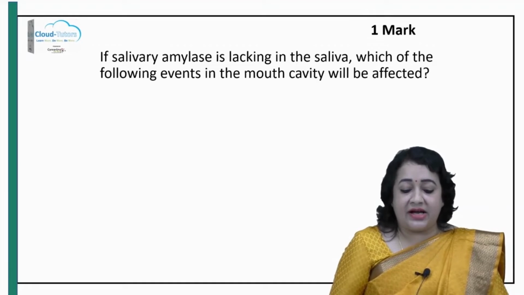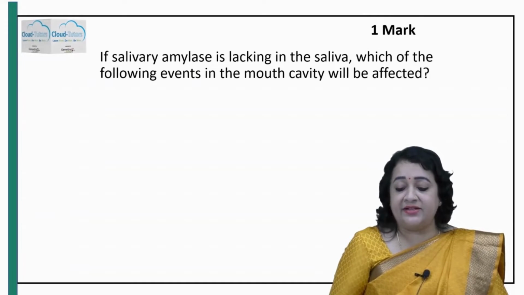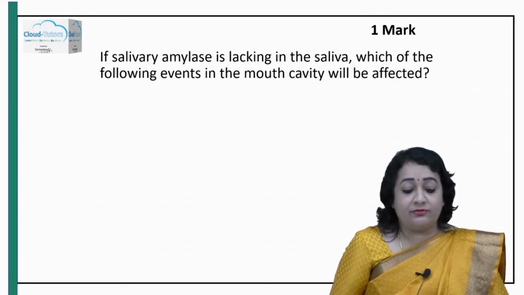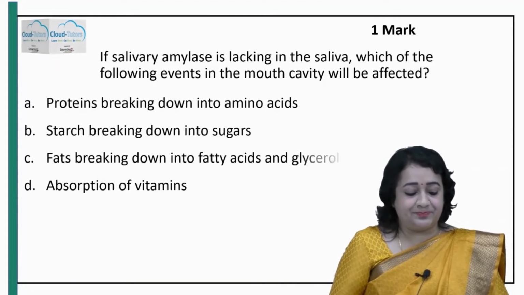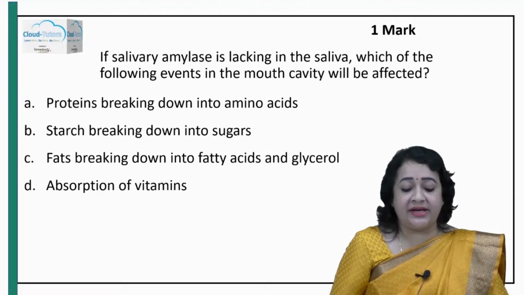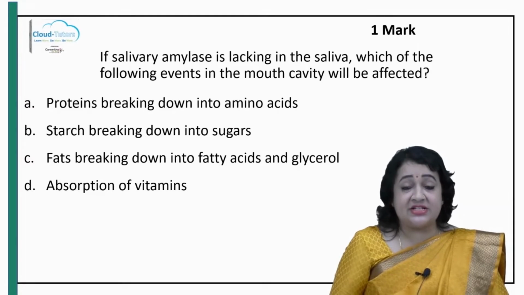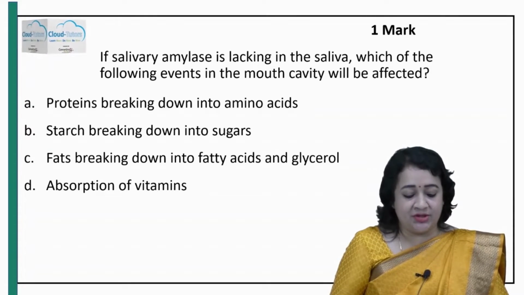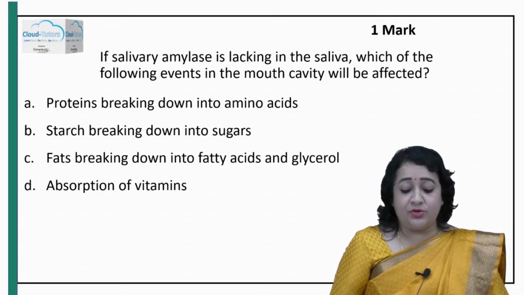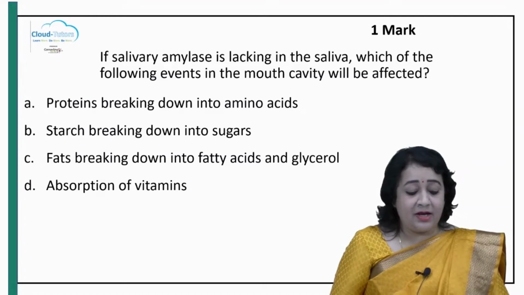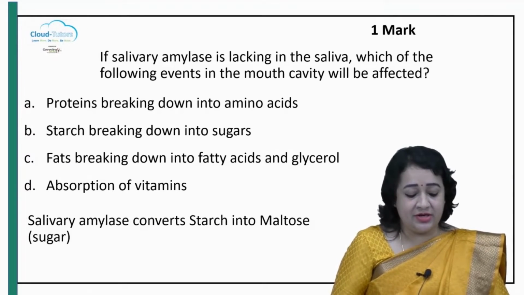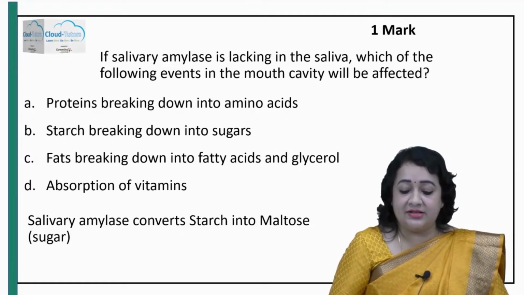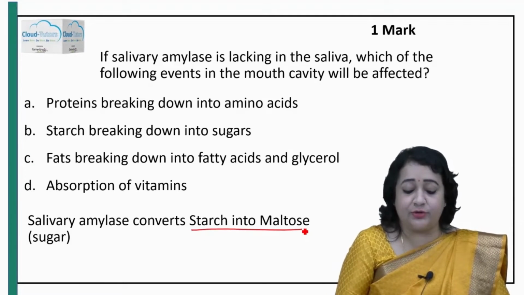If salivary amylase is lacking in the saliva, which of the following events in the mouth cavity will be affected? Protein breaking down into amino acid, starch breaking down into sugar, fat breaking down into fatty acid and glycerol, absorption of vitamins. So the answer here is converting starch into maltose.